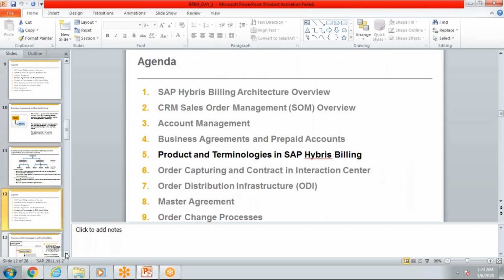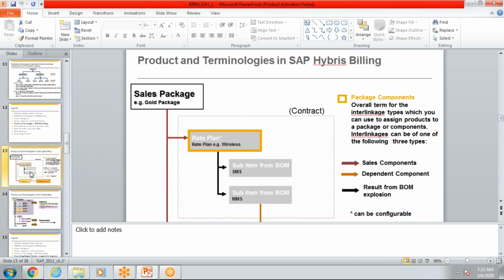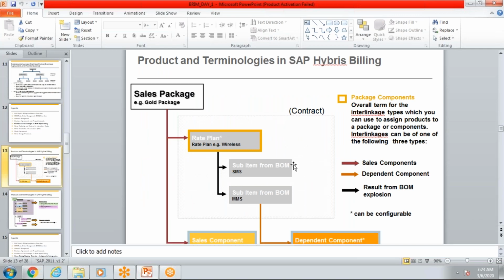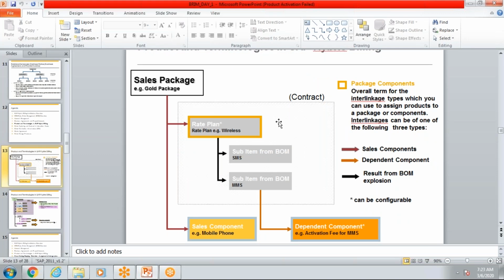Products and terminology. Here we have sales package. Sales package means grouping of different products.